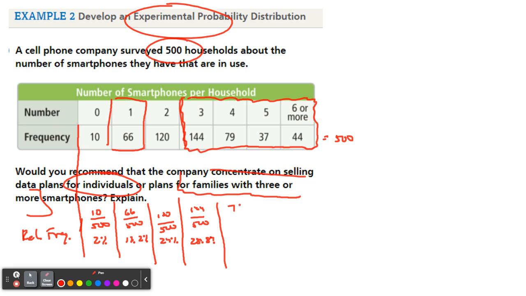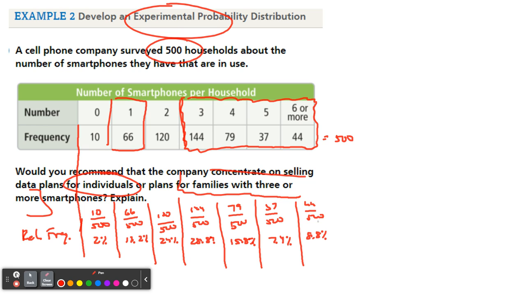And then we do 79 divided by 500, about 15.8%. And then we do 37 divided by 500, and that's about 7.4%. And then we're going to do 44 divided by 500, and that's about 8.8%.